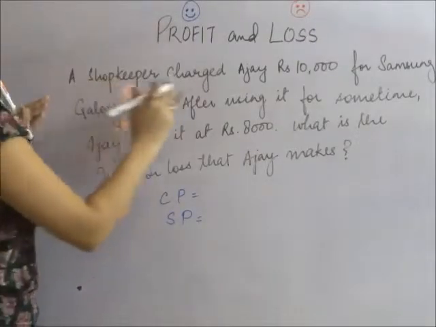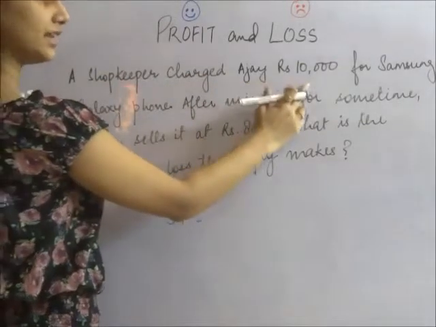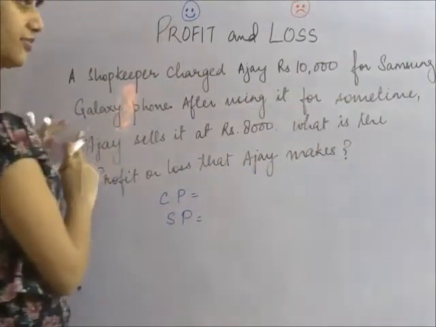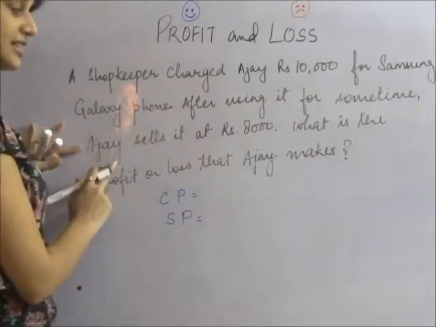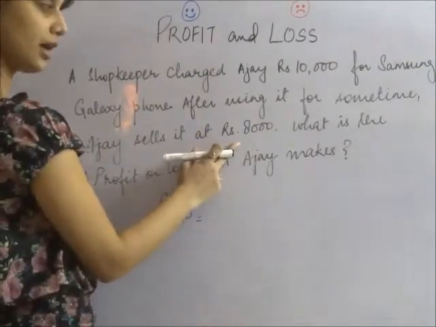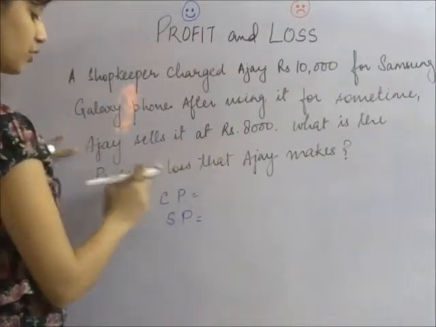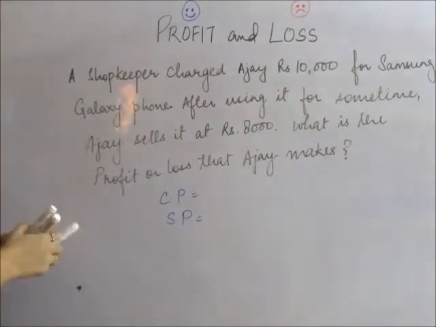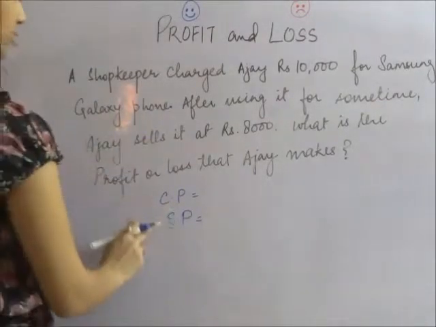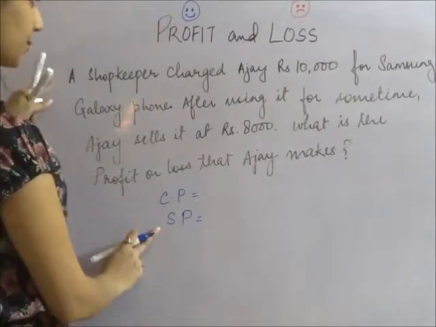A shopkeeper charged Ajay rupees 10,000 for a Samsung Galaxy phone. After using it for some time, Ajay sells it at rupees 8,000. What is the profit or loss that Ajay makes? So, let's extract the cost price and the selling price.